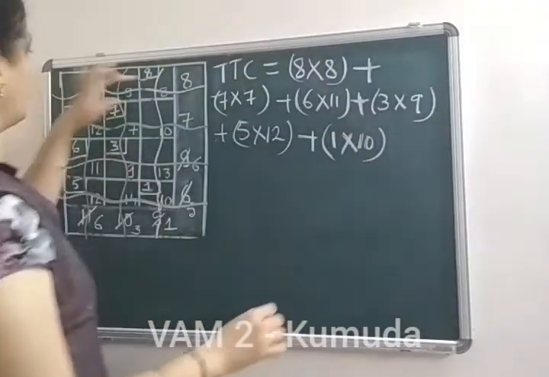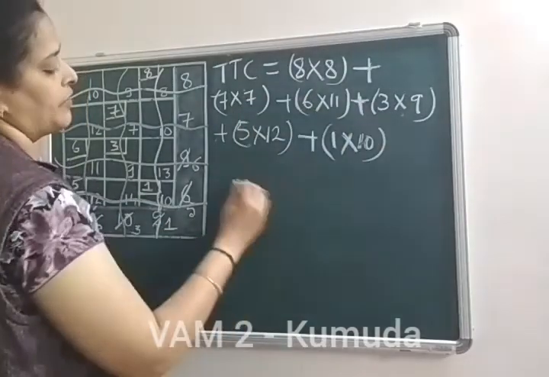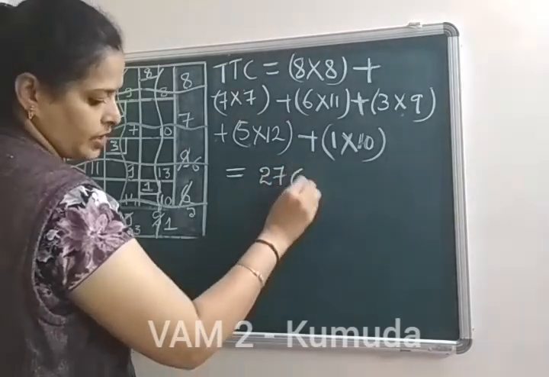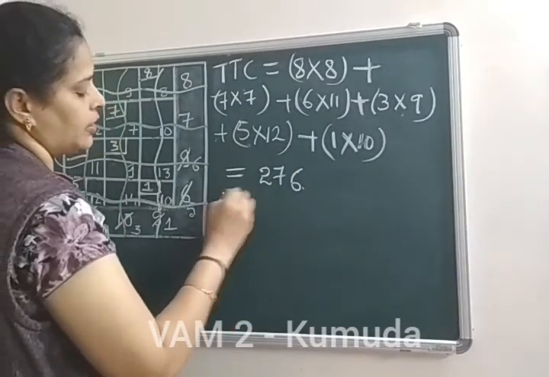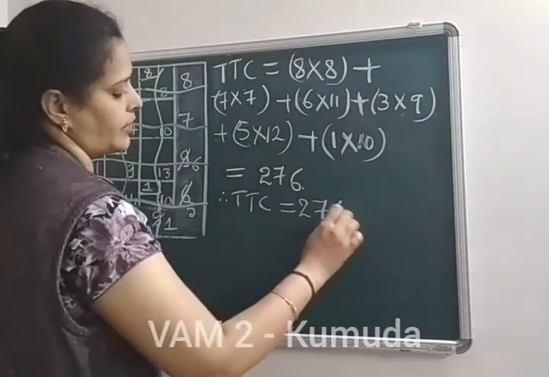I can just check 1, 2, 3, 4, 5, 6 and 1, 2, 3, 4, 5, 6 allocations, and when we multiply and add together, the total that we get is 276. Therefore, the total transportation cost for this problem is 276.